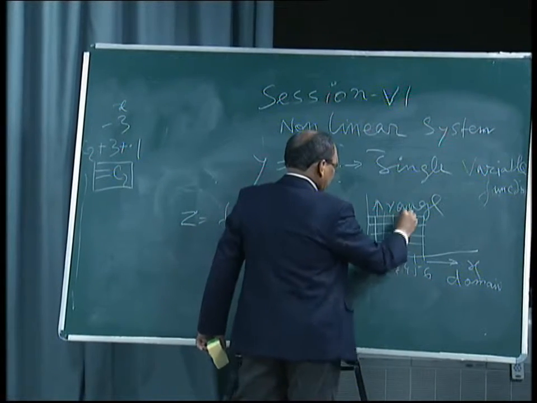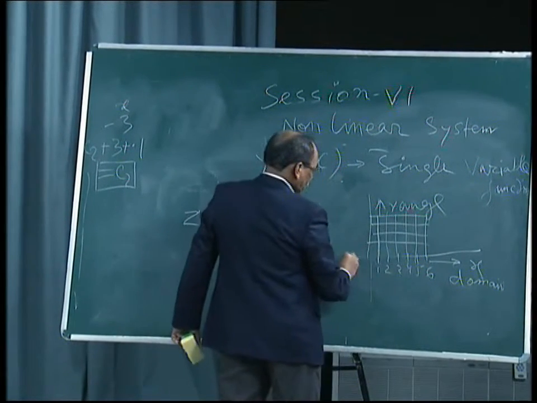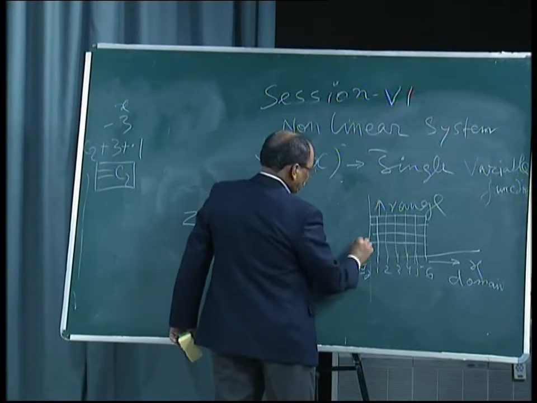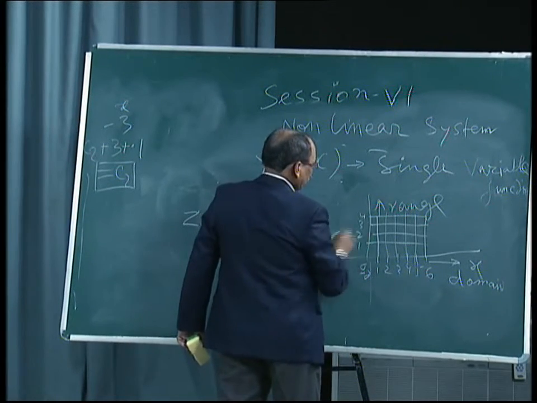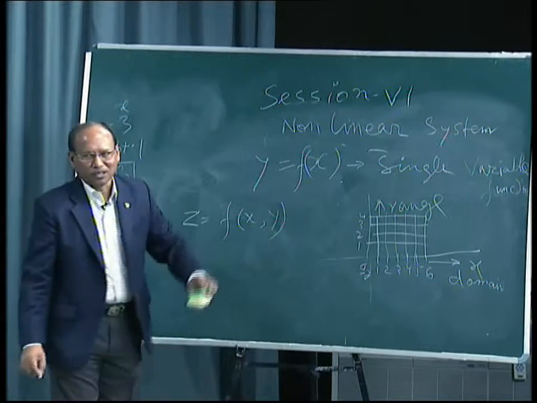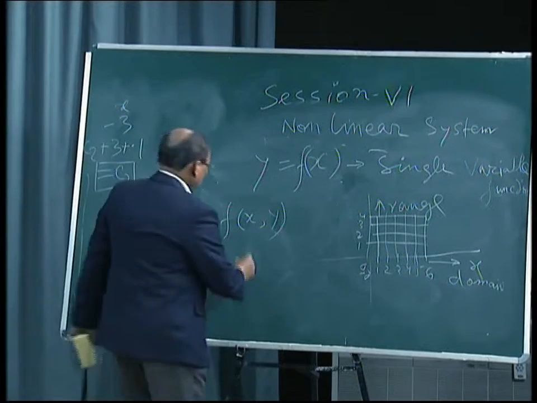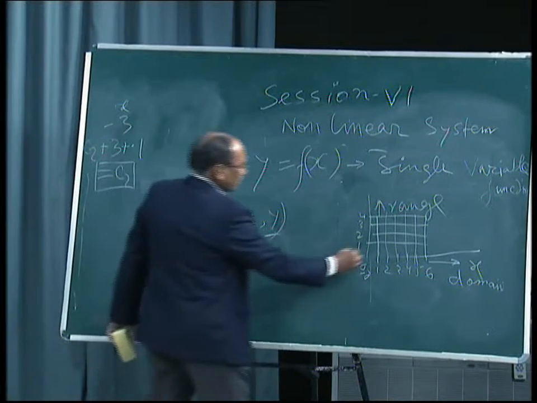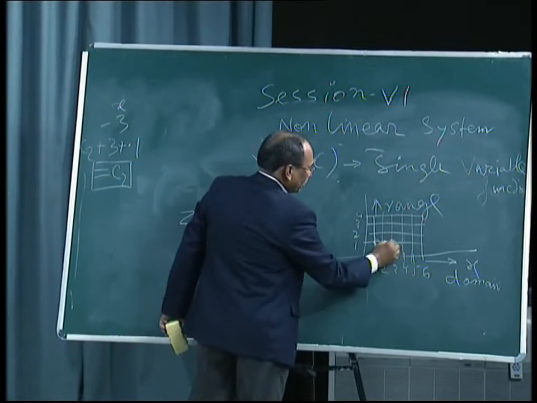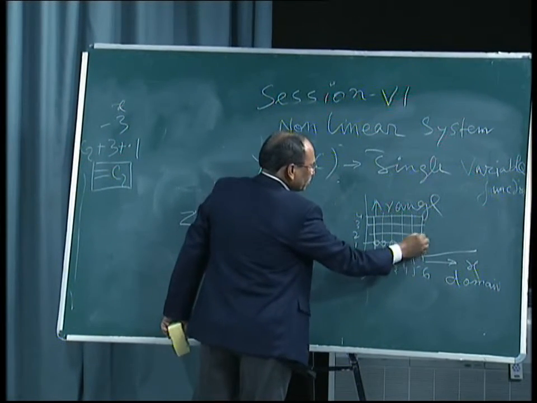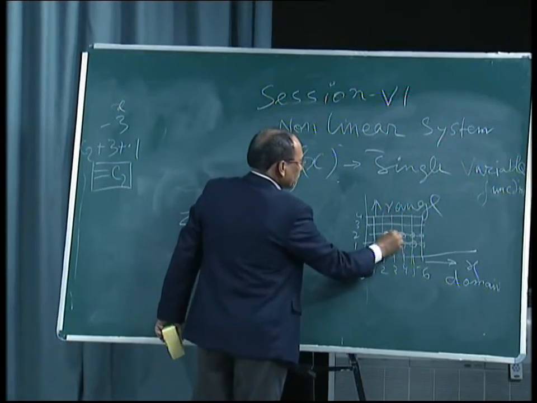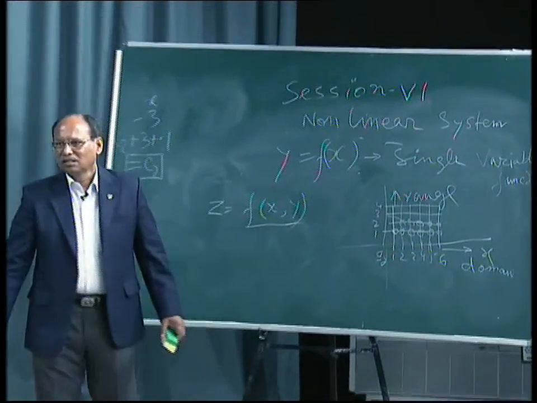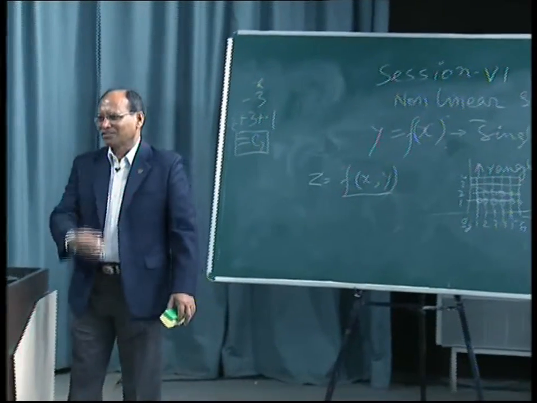So, it will be like that: 0, 0, 1, 2, 3, 4, something like that. So, this will be your grid, and for every grid point you are telling it is a function of x and y both. So, every point you will have a value, is it not? But how will we do that?